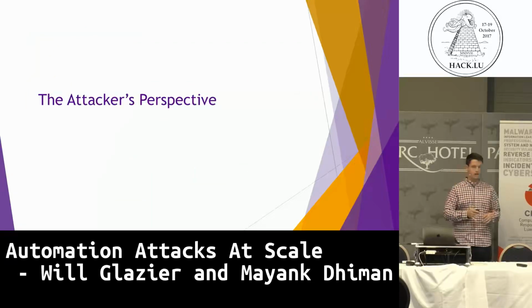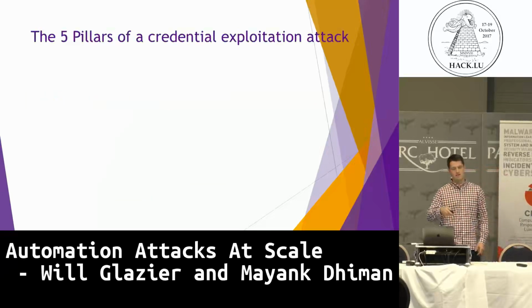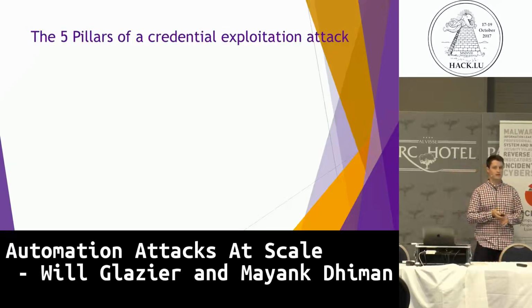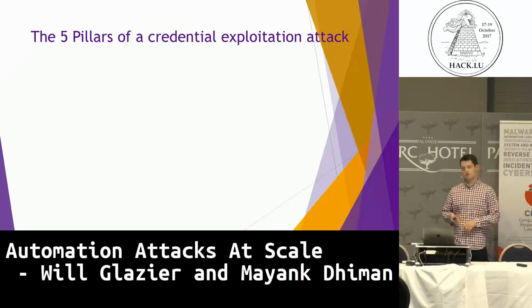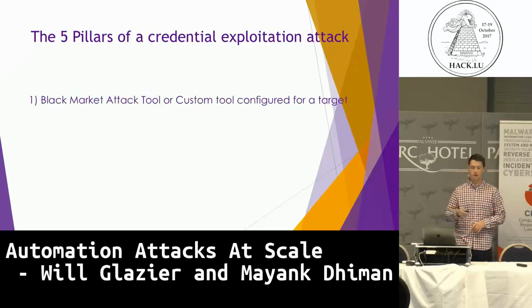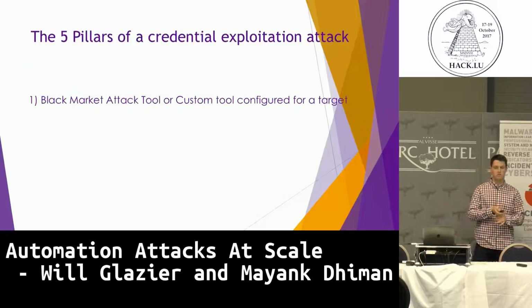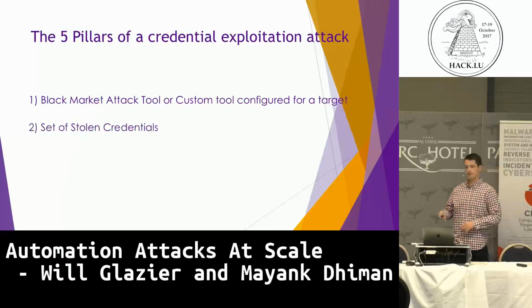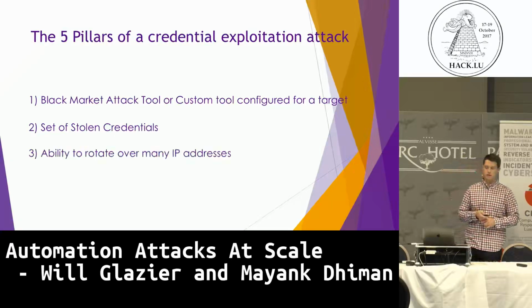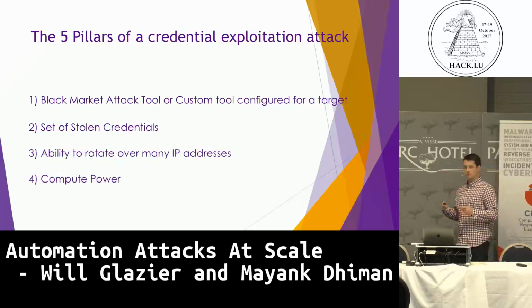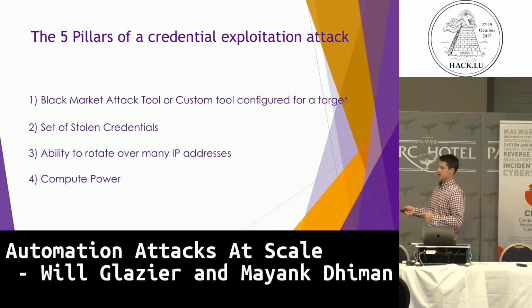So the first part of the talk, we'll talk about the attacker's perspective, and I'll give you what we call the 5 pillars of a credential exploitation attack. What do I need as an attacker to do this? First, I need black market attack tools or a custom tool configured for a certain target. I need to scout my target a little bit and have a configuration. I need sets of stolen credentials as well, and I need the ability to rotate over many IP addresses and compute power.